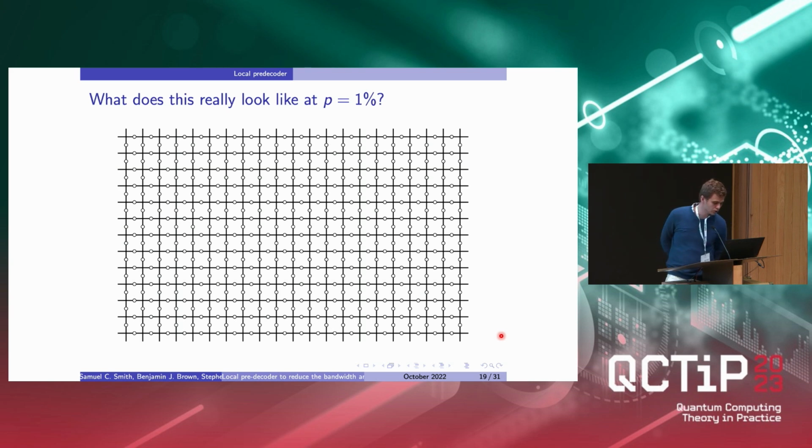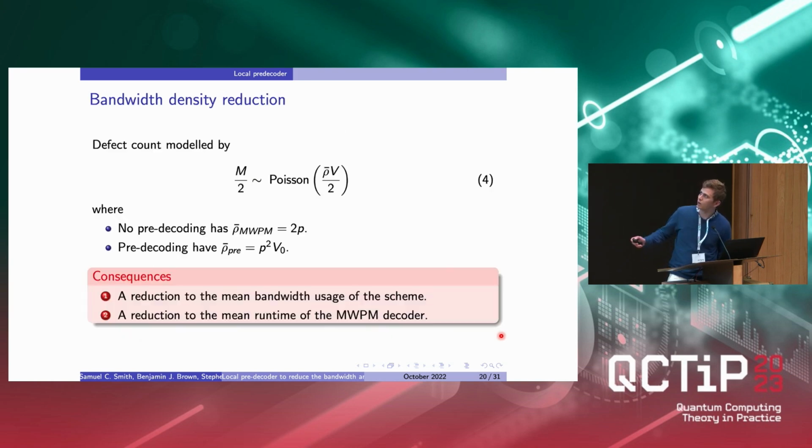OK, so what do we expect to come out of running this thing? Remember, we've removed all pairs of nearest neighbor defects from the syndrome. So to generate a pair of non-nearest neighbor defects, we need two errors to occur nearby each other in the code so that you can create a pair of defects and then separate them by some distance.